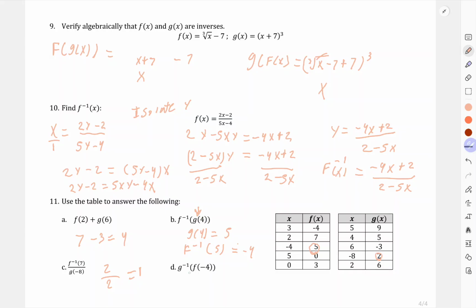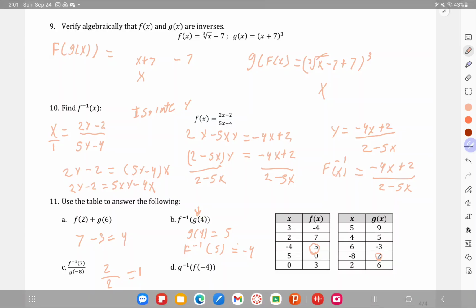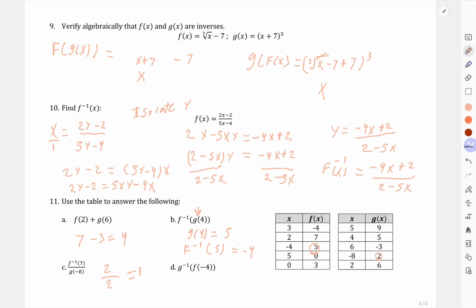Now we have to look at the inverse of g, so f of negative 4. So first we look at f of negative 4, which is evidently 3. So 3, right? And then, okay, what is the inverse? So g of inverse 3, right? What is the inverse of that?